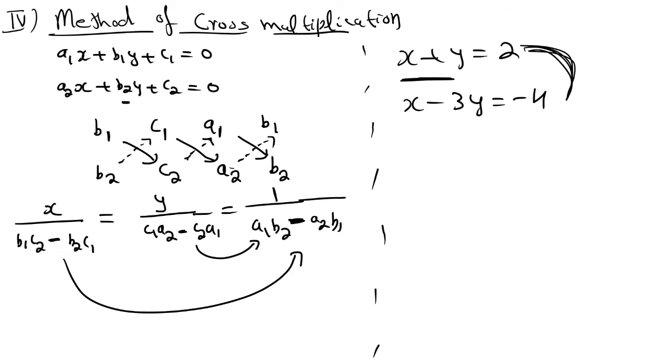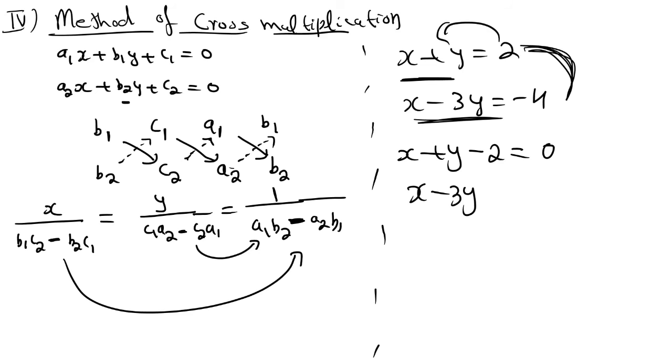How to write this one? x plus y, take 2 to LHS, minus 2 equal to 0. And how to write this one? x minus 3y, minus 4 is there, take minus 4 to LHS, that will become plus 4 equal to 0. Then you can apply that method. Clear?